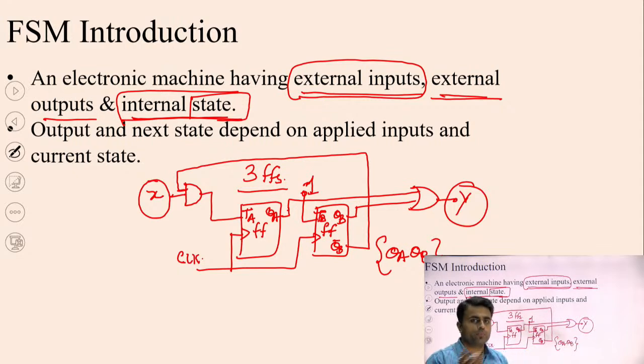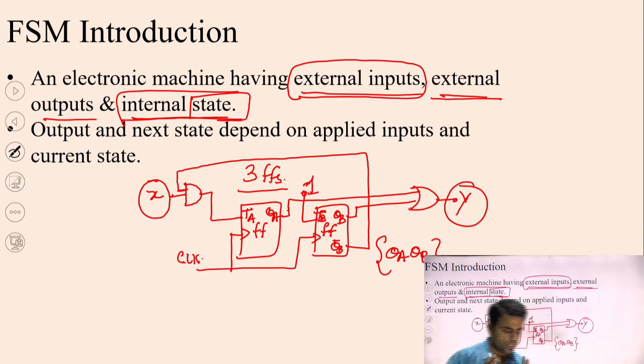In our previous units, we prepared sequential circuits, counters and registers. In none of these circuits was the output of the flip-flop going somewhere else; the final output was the flip-flop output only. So, in that case an external output was not there. But if the output of the flip-flop also goes into some other combinational circuit to give the final output of the circuit, that will be considered a finite state machine.